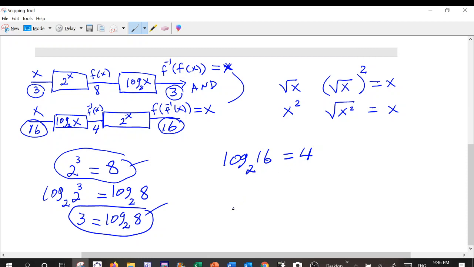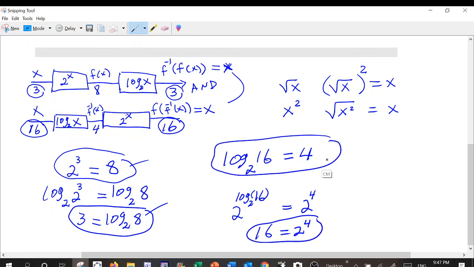So I have to take 2 and raise it to the power of the left side, and then take 2 and raise it to the power of the right side. Now I know what happens here. If you start with 16 and do this to it, then do this, since the bases are the same, they cancel each other. So on the left I get 16, and on the right I get 2 to the 4th. So this statement and this statement are basically the same. This says hi, that says hola, or the other way around, right?